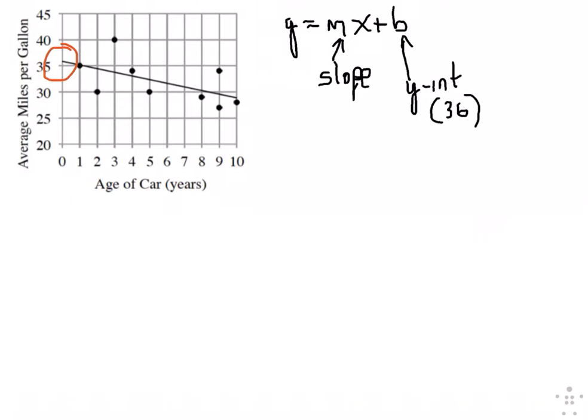Now to calculate the slope, we want to find 2 points, preferably, that are right on the intersections of this grid. I can find this point right here, and I could find another one right here.